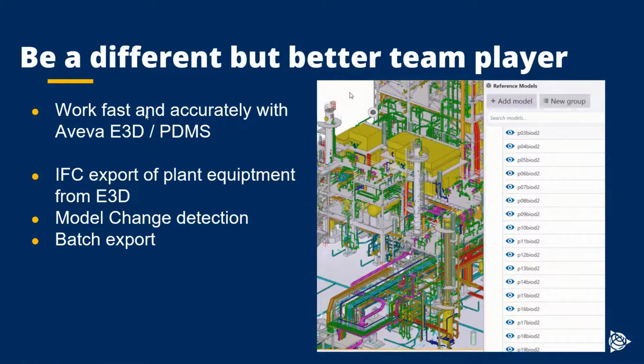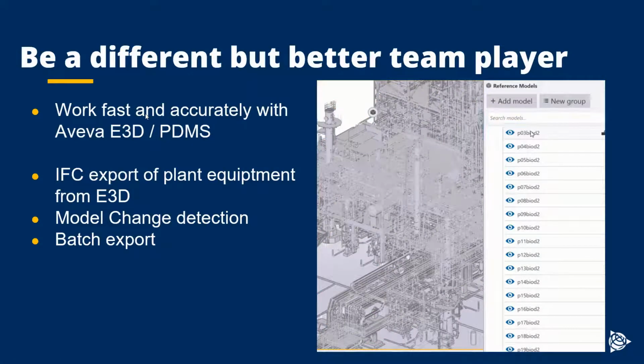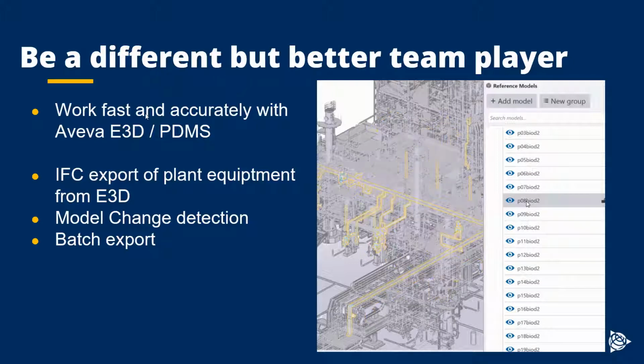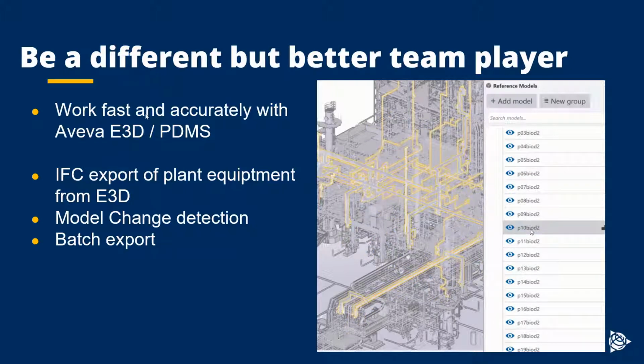Improvements also for working with industrial teams to ensure that you are definitely a good player within that design team. So we see now with the Aveva PDMS link, you can now export the DGN files or the TCZIP files as a batch export.